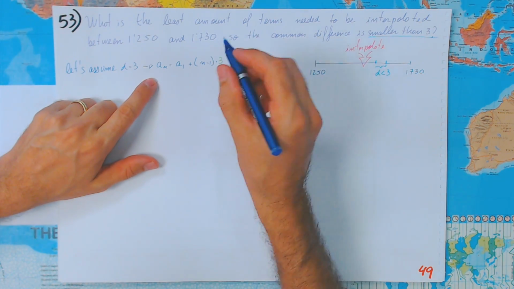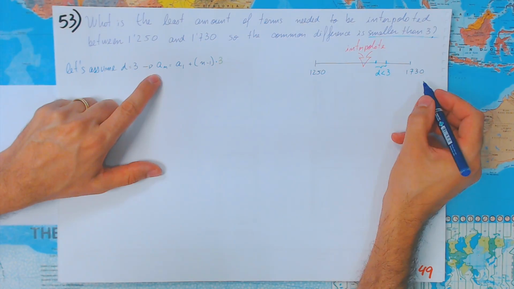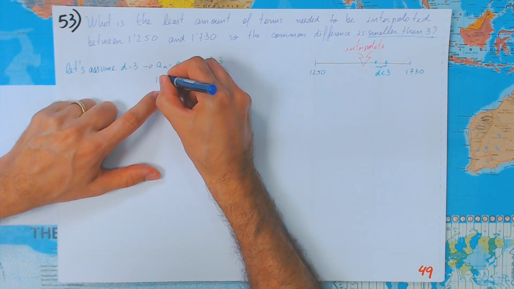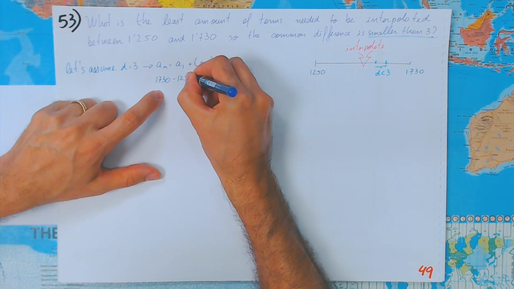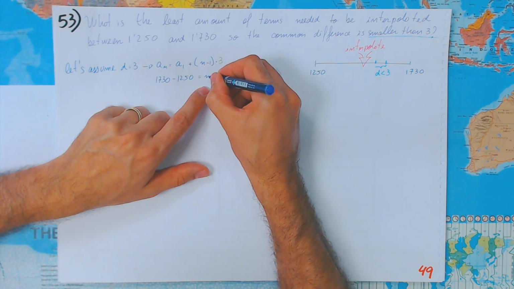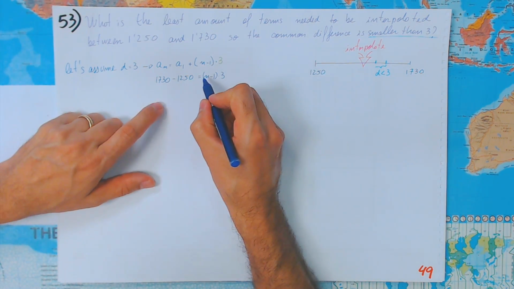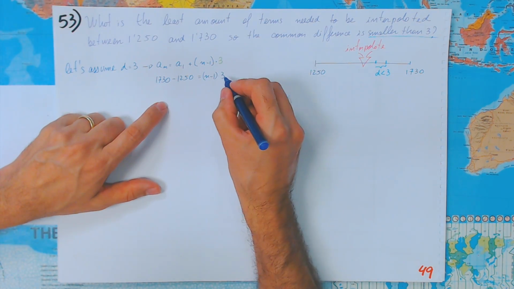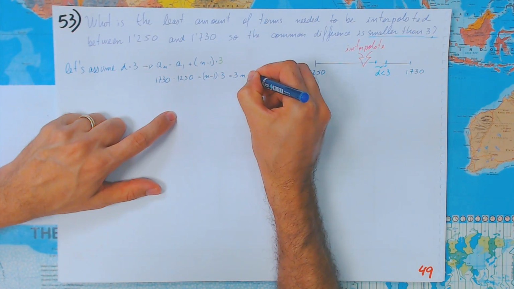So what is going to be n in this case? Well, An is going to be 1730 minus A1, 1250. This is going to be n minus 1 times 3. Okay, from here let's just make this 3n minus 3.